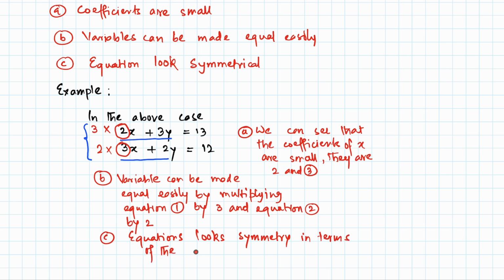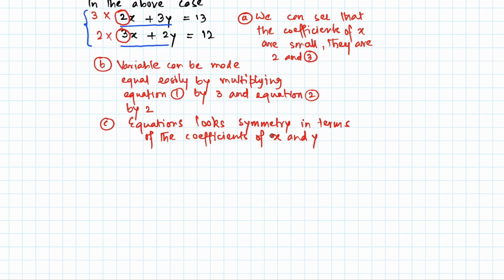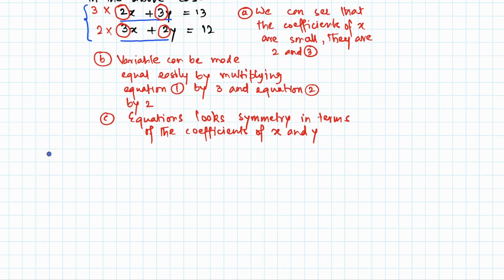Point number three, the equations look symmetrical in terms of the coefficients. If you see the first one, 2 3, and the one below is 3 2, it's almost like a mirror image. So if this kind of nature is there in the equations, we will use the elimination method. Simple. Now let's quickly revise what we have learned so far. What is the elimination method?